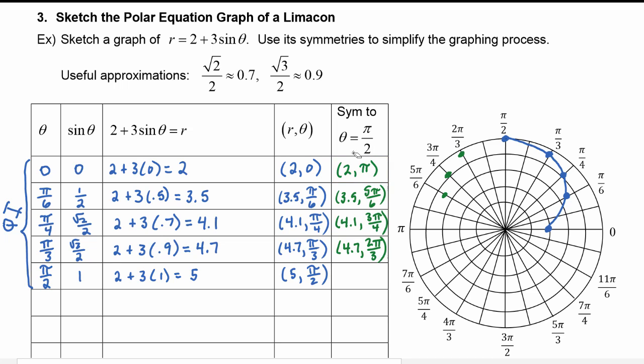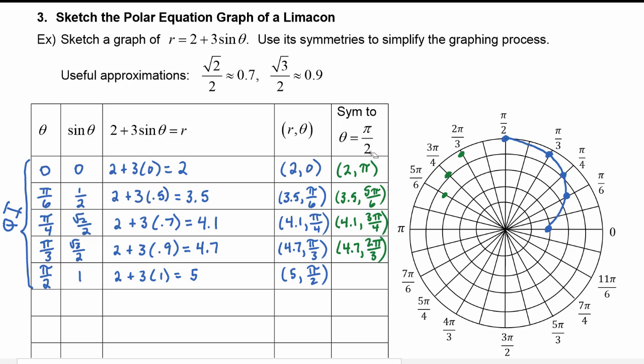So to find the angle for each of these, all we had to do was take pi and subtract the original angle. So pi minus pi over 3 is 2 pi over 3. Pi minus pi over 4 is 3 pi over 4. Pi minus pi over 6 is 5 pi over 6.